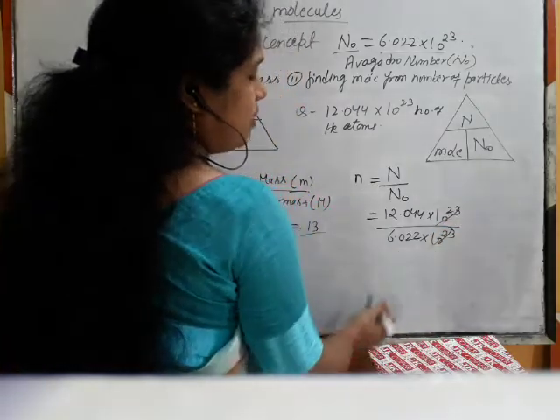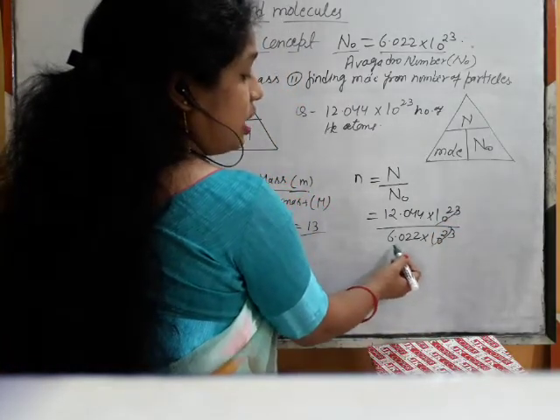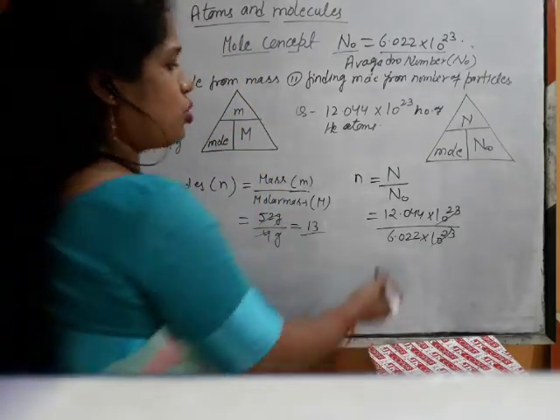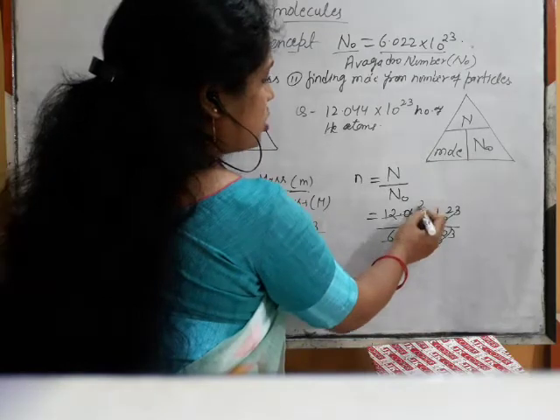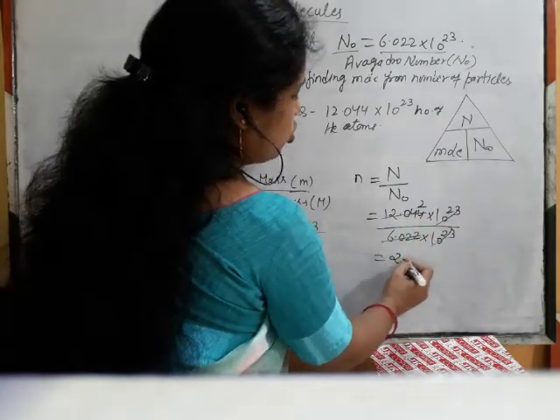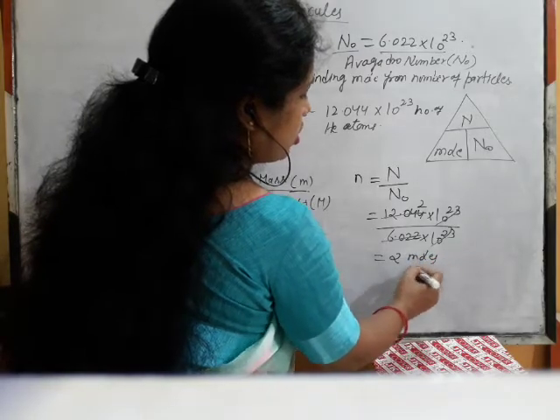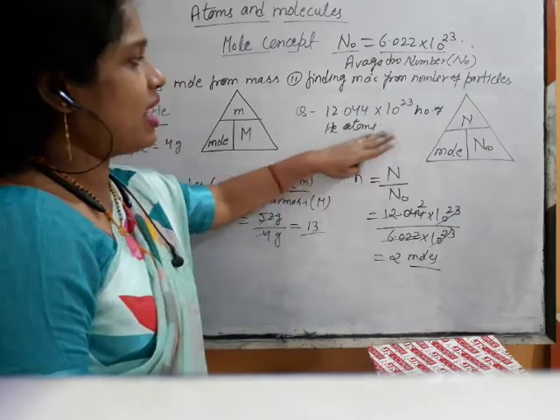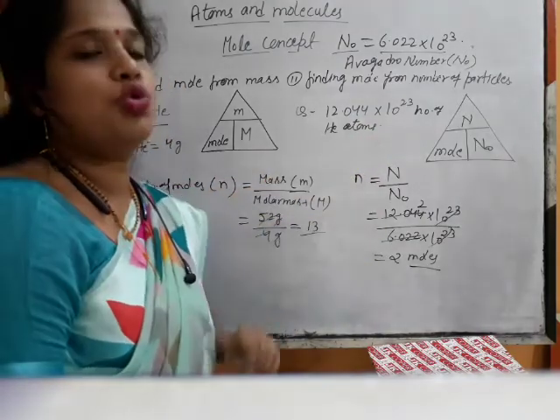This gets cancelled. You can observe that 6.022 multiplied 2 times gives this one. 6 2s are 12, 2 2s are 4. So it is actually 2 moles. These many atoms of helium will have 2 moles.